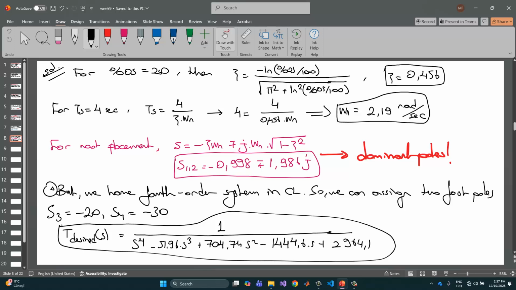But can you show us how it looks on a graph? S3 and S4, how they develop, just like this one. We have 2 poles in here. This is equal to minus 0.998, and this one is 1.986. So please close the door, guys.